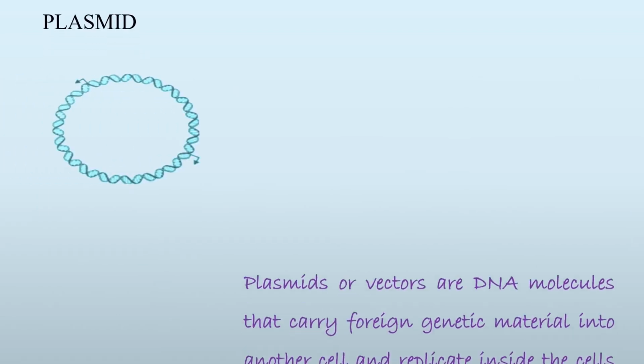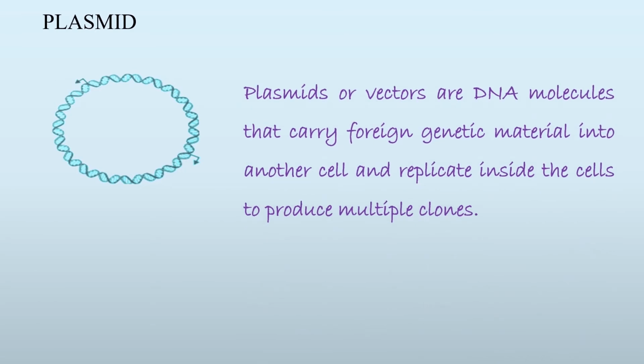Plasmids. Plasmids are vectors or DNA molecules that carry foreign genetic material into another cell and replicate inside the cells to produce multiple clones.